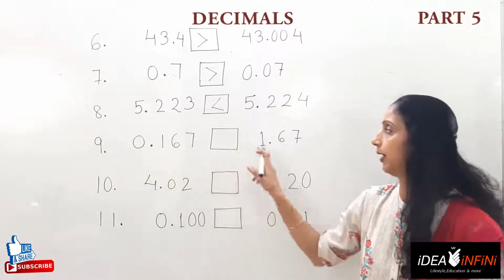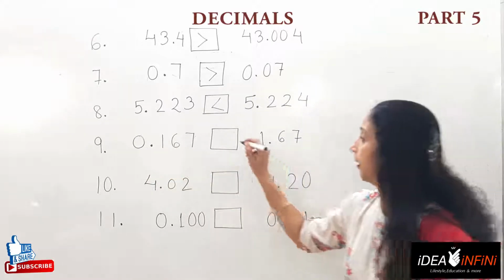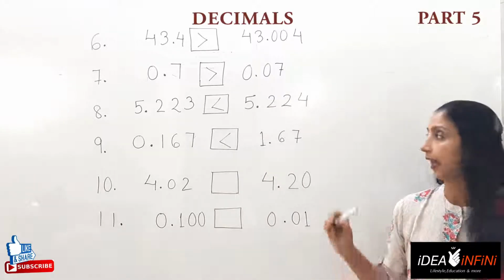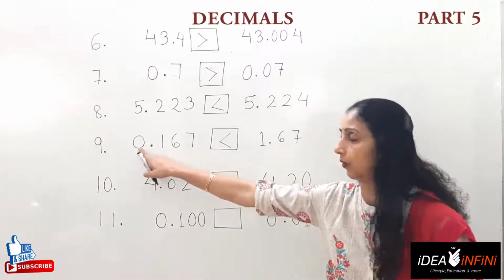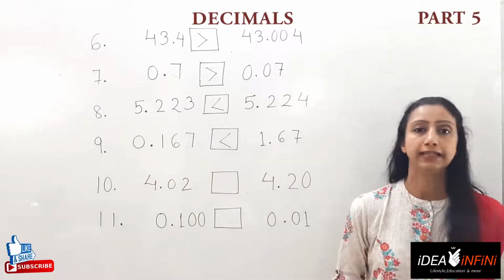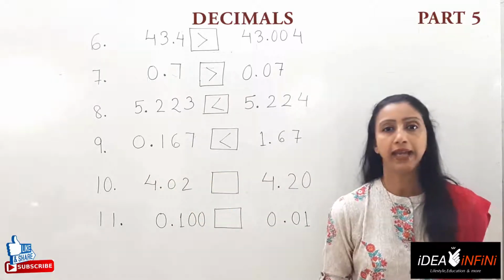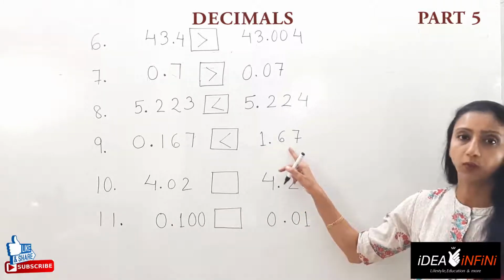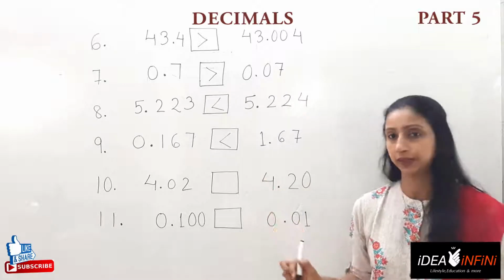Here it is 0, here it is 1. So this number is greater. As I said, any decimal number whose whole number is 0 is obviously less than 1. 0.99 is also less than 1. So here 1.67 is greater than 1.